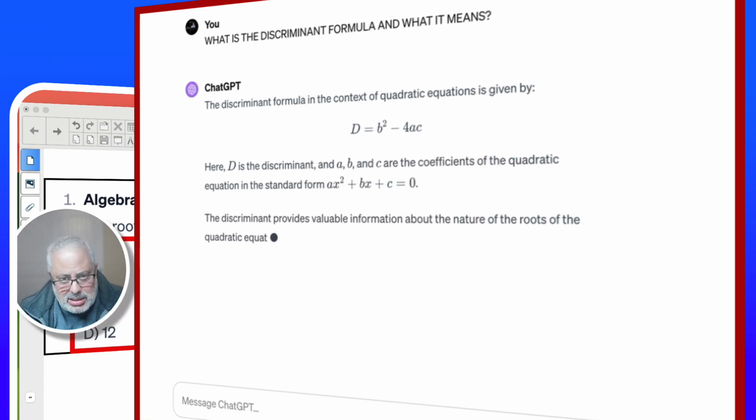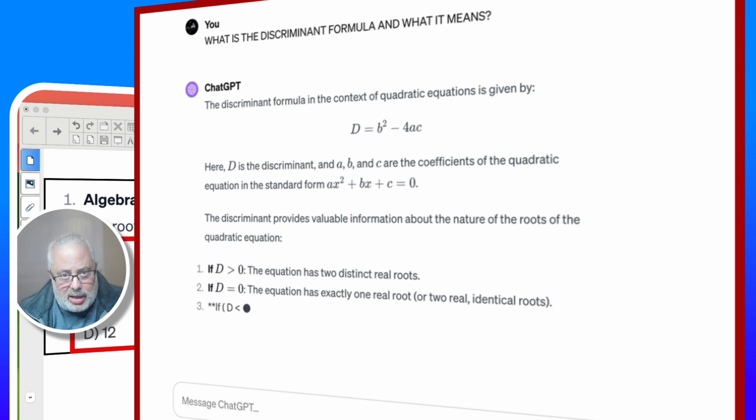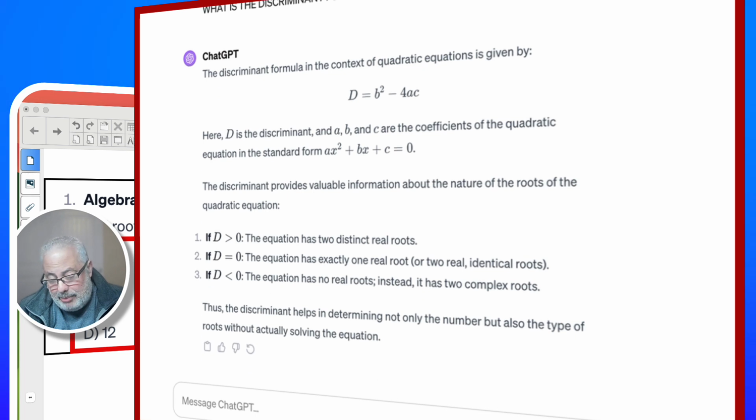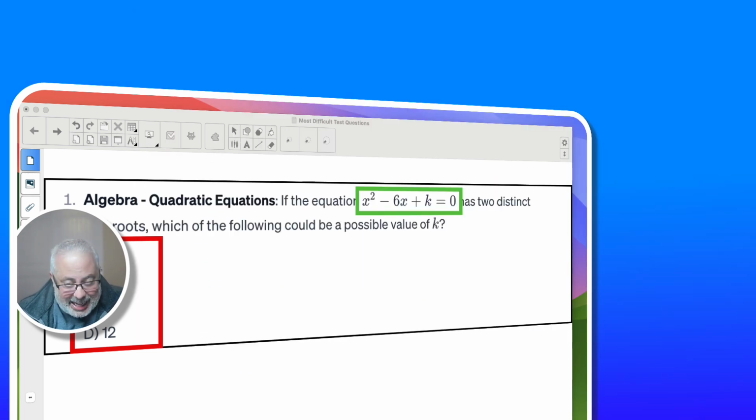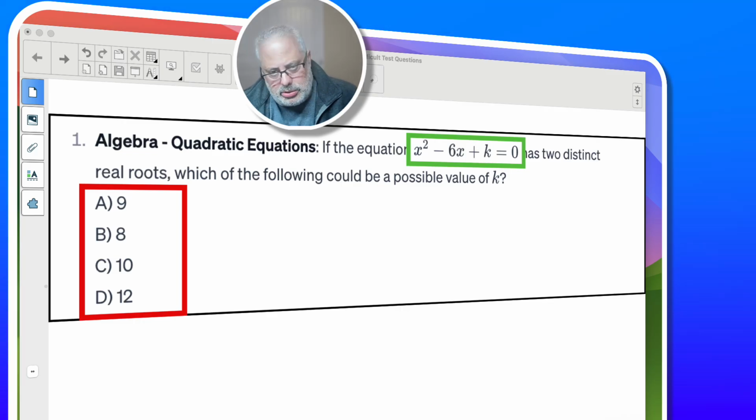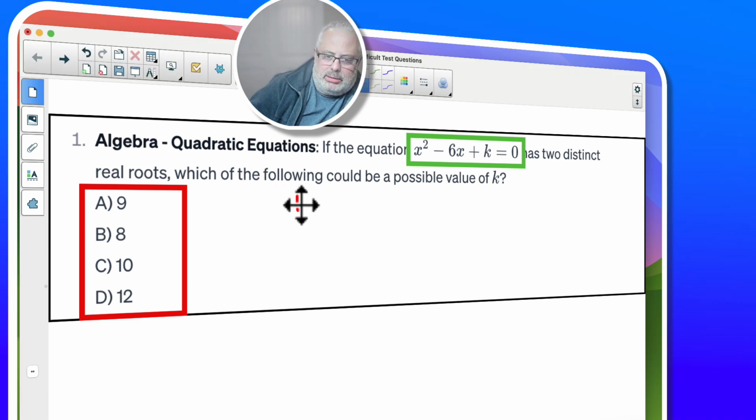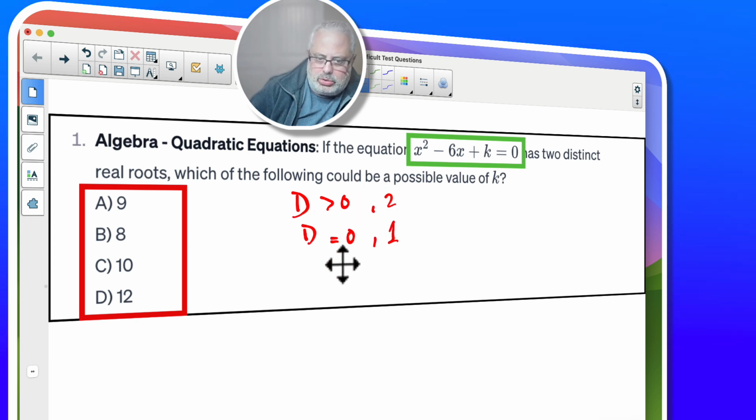When the discriminant is 0, the parabola is only touching the x-axis once, and you only have one real root. But when the discriminant is less than 0, negative, the parabola is not touching the x-axis. We don't have real solutions, we have complex solutions. Let's work with this powerful tool. So you have the discriminant D: greater than 0, two solutions; equals 0, only one solution; less than 0, no real solution.